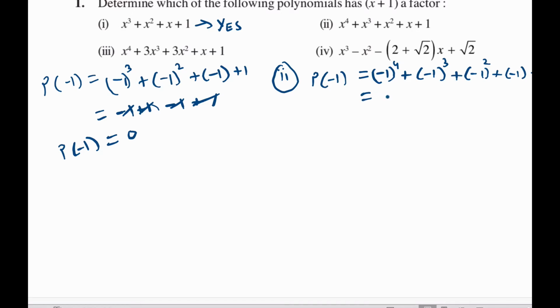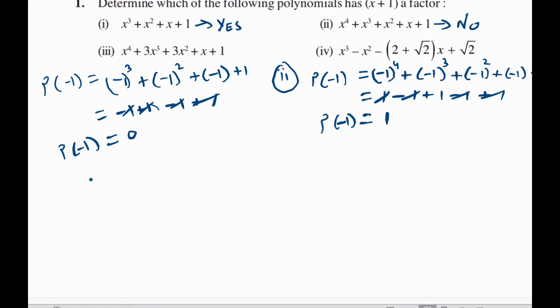So now this will become 1, this will become minus 1, this will become plus 1, this will become minus 1, and this remains plus 1. So this and this are additive inverse, so are this and this. So I'm simply left with 1. So that means at p of minus 1, or x is equal to minus 1, this does not give me 0. So no, x plus 1 is not a factor for this equation.